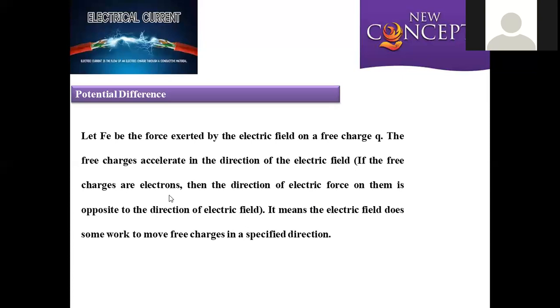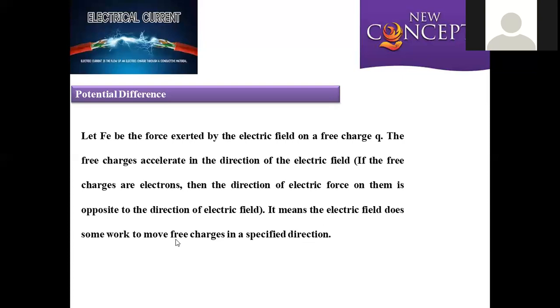So the force they experience will be exactly opposite to the electric field present in the given circuit.